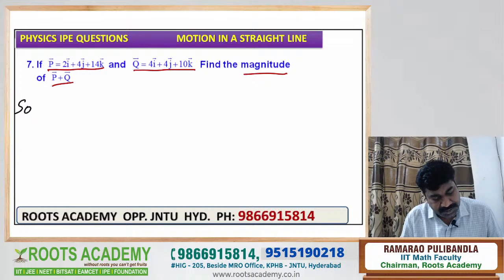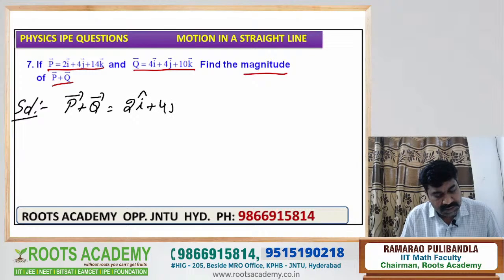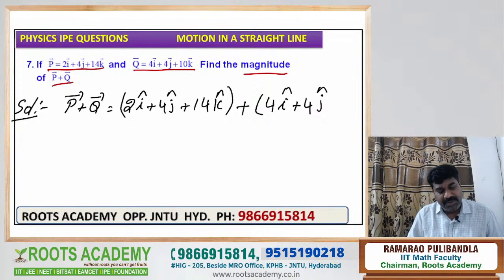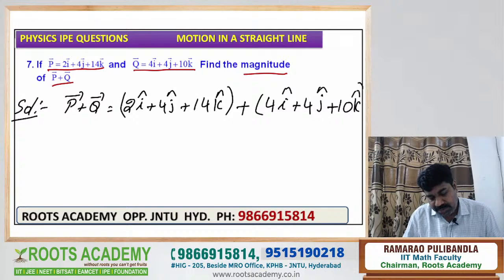First of all, what is P bar plus Q bar? Here P bar is 2i cap plus 4j cap plus 14k cap, and Q bar is 4i cap plus 4j cap plus 10k cap.